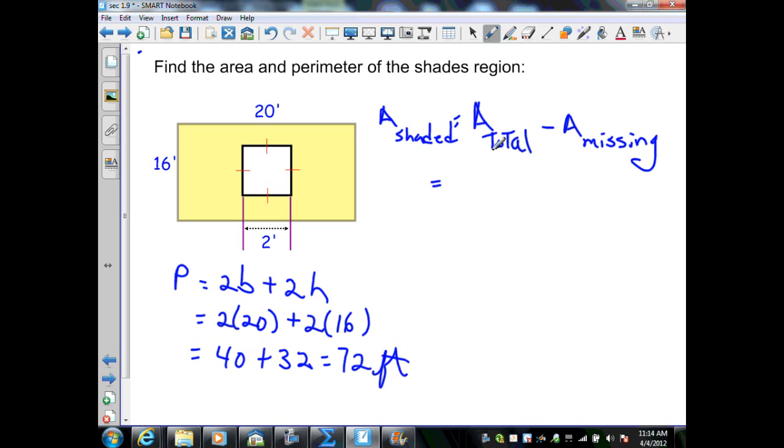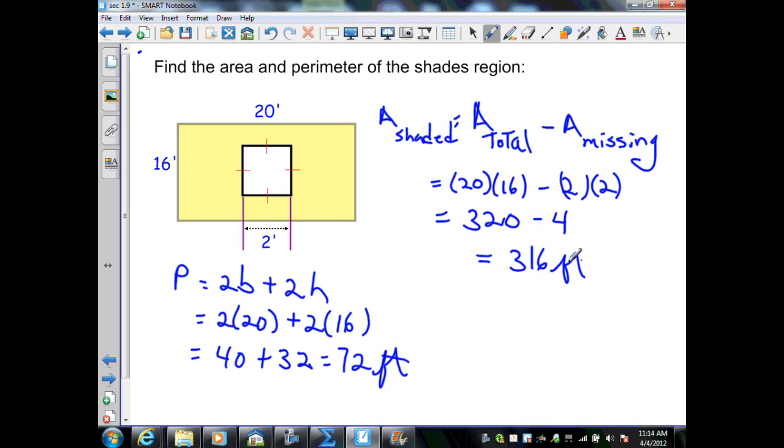Area of the total object is base times height, 20 by 16, minus the missing piece, which is a square because of the tick marks, and I know each side of that is 2 feet. So 2 times 2 is 4. 320 minus 4 equals 316 feet squared for the area of the shaded region.